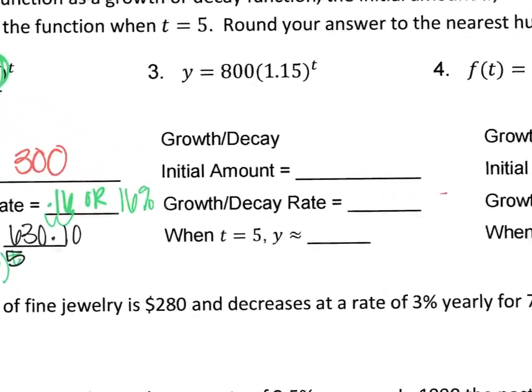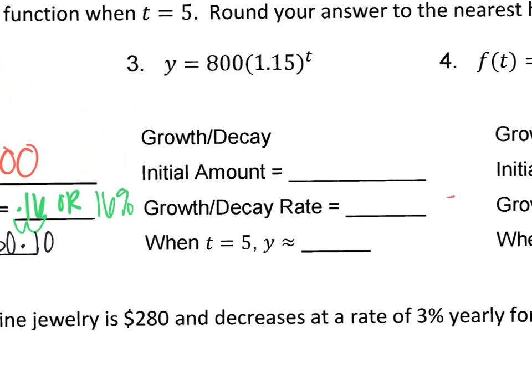Let's look at the next one. Growth or decay. Well, this one gives us the simplified version here. We want to know, what is it adding or subtracting? Well, if it's 1.15, it's over 1, so I'm obviously adding, and it's always 1 here, so I'm obviously adding 0.15. That's another way to write it.